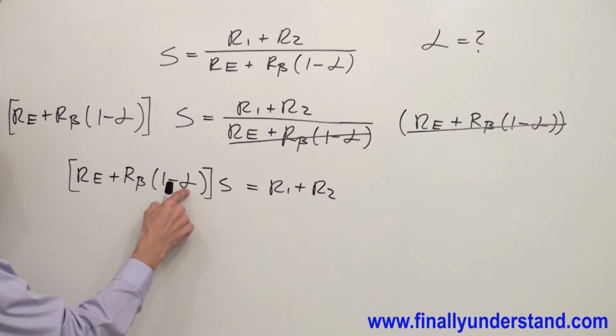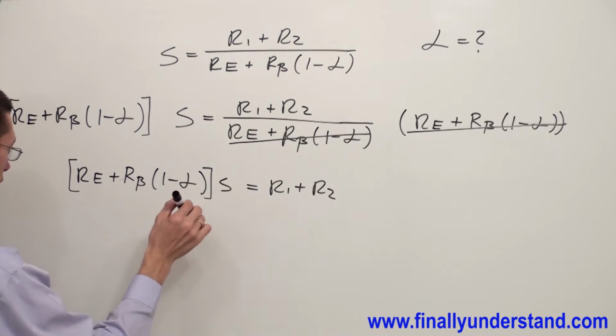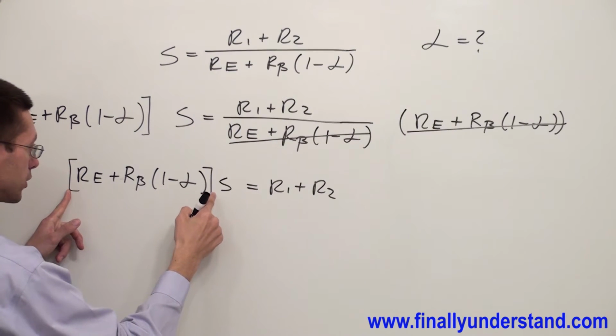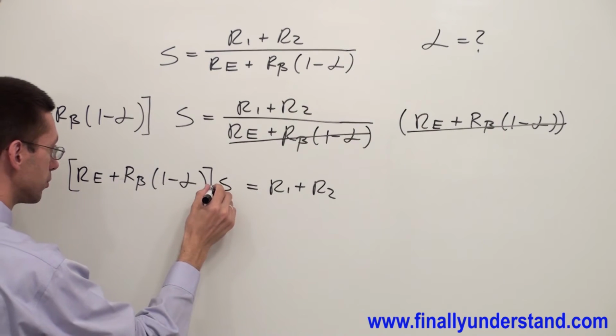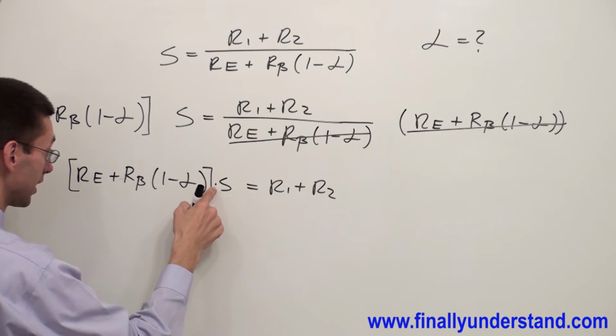I'm looking for alpha. Alpha is in the parentheses and in the brackets. Now next to the brackets I have S. S is multiplied to the brackets. So I can eliminate this S at this moment.